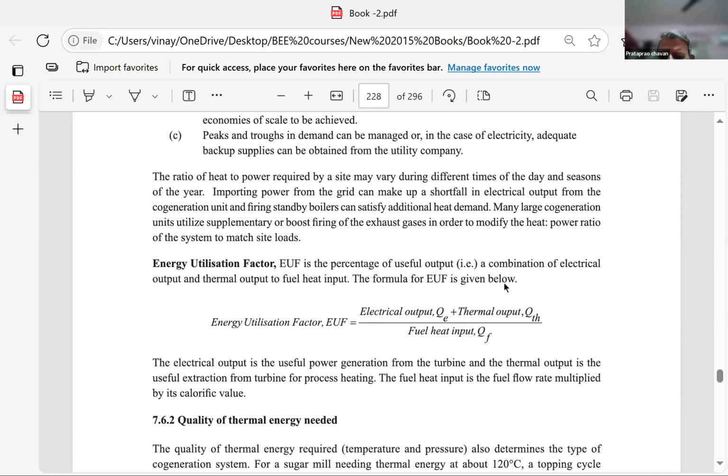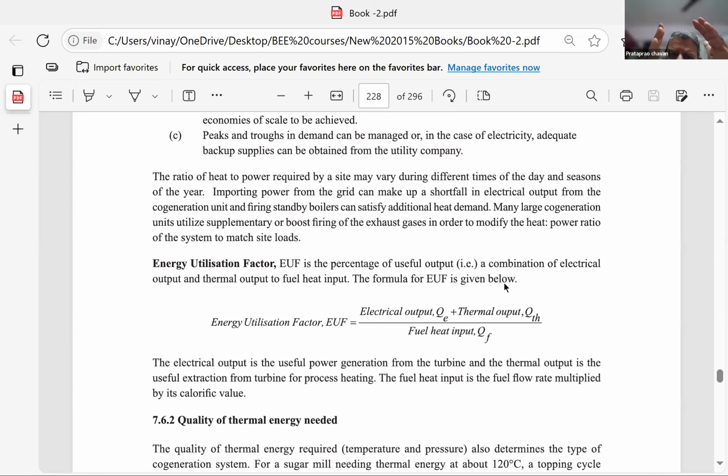Now, in case of heat, what is that? In cogeneration, output is in two forms. One is electrical, another is thermal. But if this output is to be combined and divided by the input of the fuel heat, the upper units should also be thermal. That means heat given to the process is already in thermal, that is kilocalories.